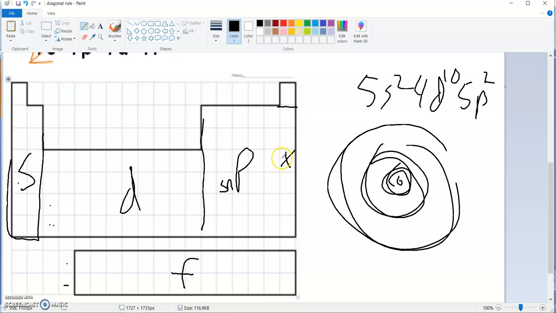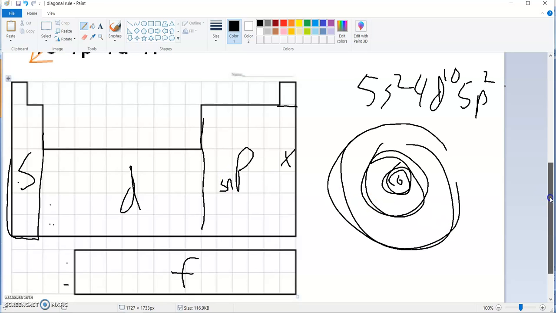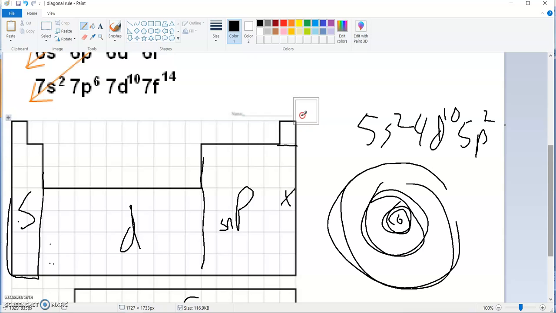So we can basically say whatever krypton has, which is all the 1s2, 2s2, blah, blah, blah, all the way up to right here, whatever krypton has, and then plus this extra 5s2. So we show that whatever krypton has by writing it in brackets. And we call that a noble gas core.